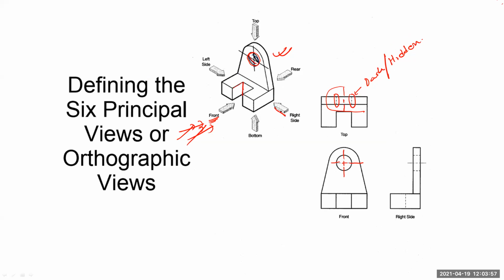So in the right hand side view, one more dash line is represented, and the orientation of this hole is drawn like this. When you observe this object from the right hand side, this will be the right hand side view.